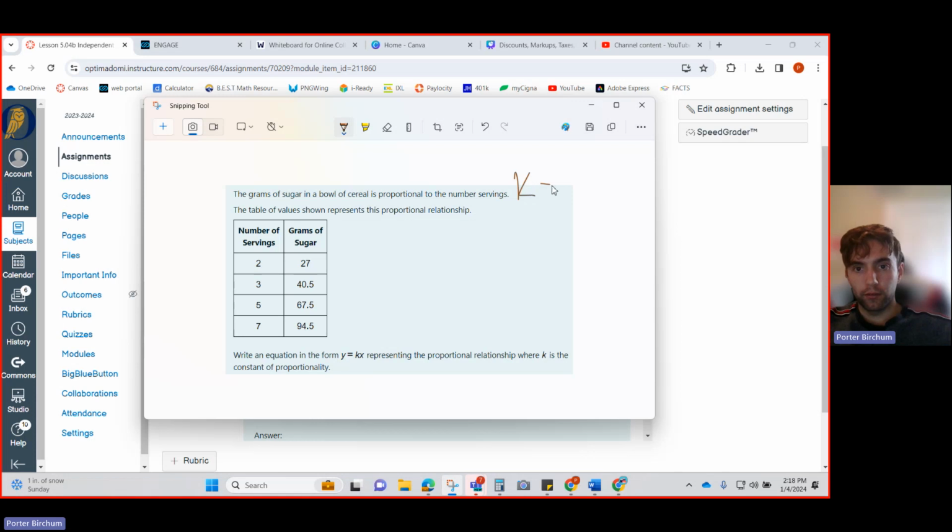To find k, we do the y value divided by the x value. Now, this chart is a little harder than the other charts we've seen so far because it doesn't directly tell us what x is and what y is.